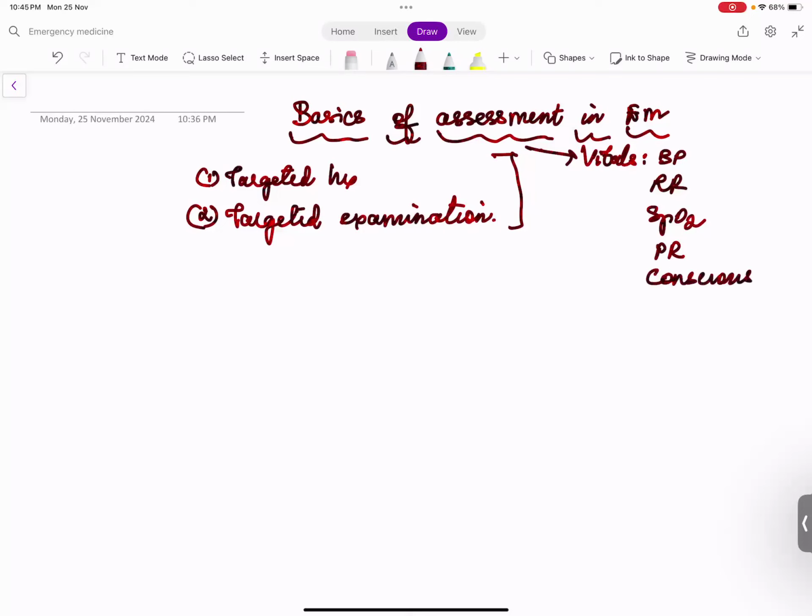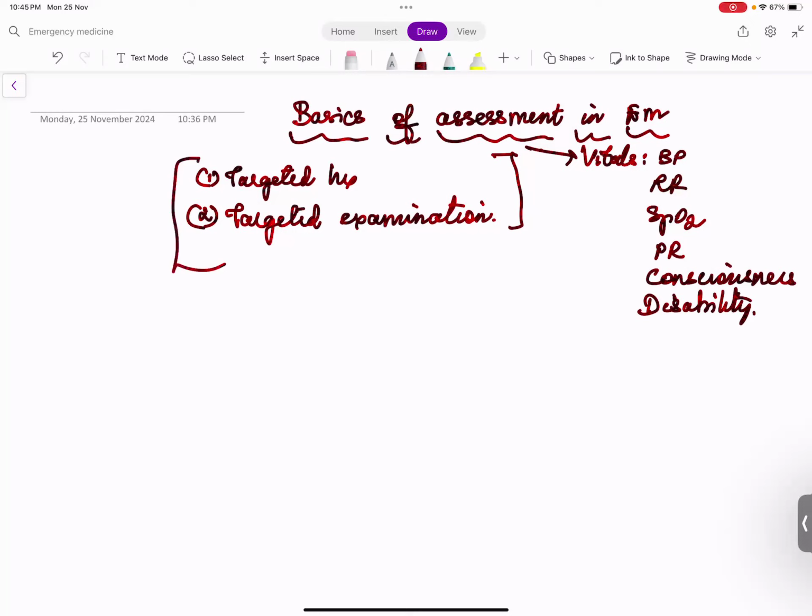And in trauma cases, sometimes we may have to look at their disability, or expose them to look for any trauma. In such cases, doing that may be more important than taking a targeted history. And history may be taken by yourself or by your assistant at the same time while one person is stabilizing the patient. So this is one aspect.